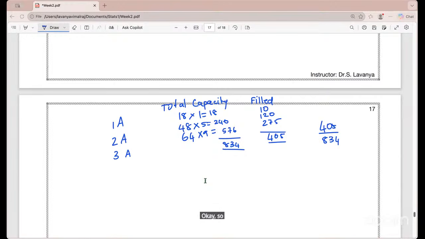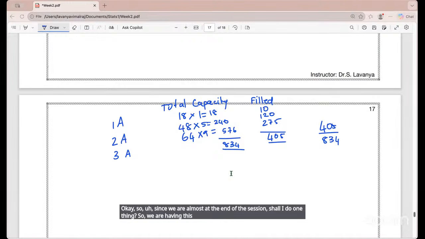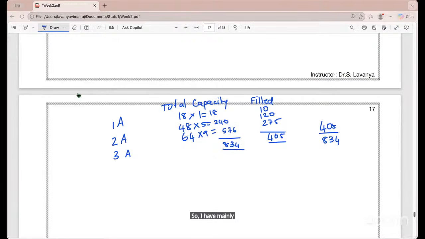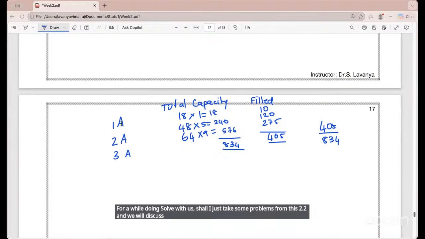Since we are almost at the end of the session, shall I do one thing? We have the solve-with-us session on Sunday, if I'm correct. I mainly considered problems from 2.1 in today's session. During that session, shall I take many problems from 2.2 and we will discuss them on Sunday?